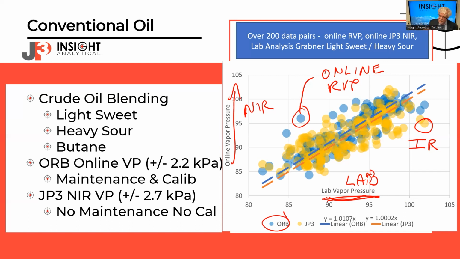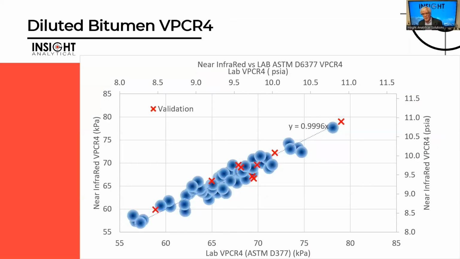So this is again a vapor pressure in crude oil type example. It's the same thing, a vapor pressure in diluted bitumen. So lab at the bottom, infrared on this side. Again, we see we get this nice one-to-one correlation.